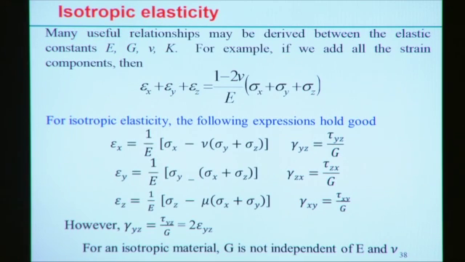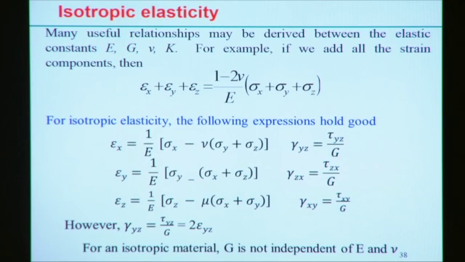The very first thing: if you look at the expressions of epsilon x, epsilon y and epsilon z, and add them, we can find these relations. But for isotropic elasticity, the following expression also holds good, as we have already discussed.